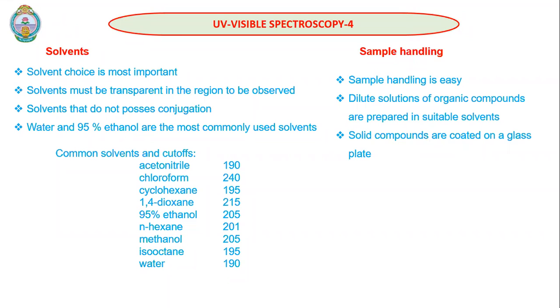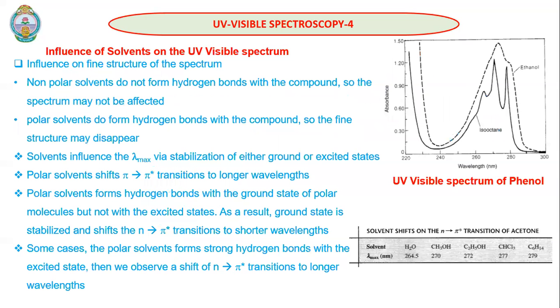For undissolved or inorganic substances, we make a paste, coat it on a glass slide, dry it, and take the UV spectrum. So for organic samples, we dissolve them in a solution; for inorganic compounds, we coat them on a glass slide and then take the spectrum.